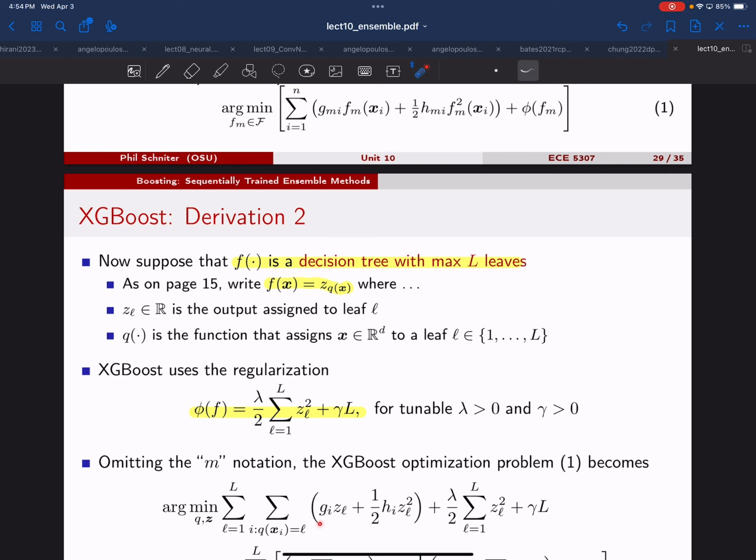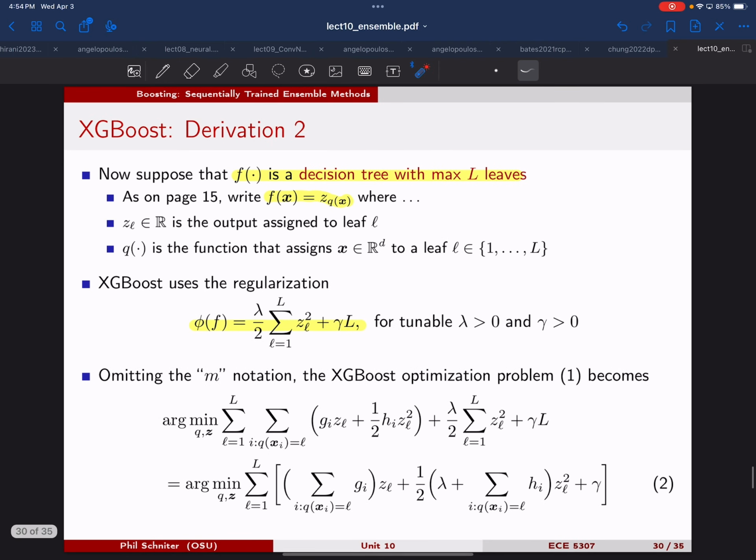Okay, so we have GI as above. This gets replaced with leaf ZL. This gets replaced with ZL squared. And for the regularization, we just take this and we put this over here. Okay, so we have to optimize the output value Z to minimize this.